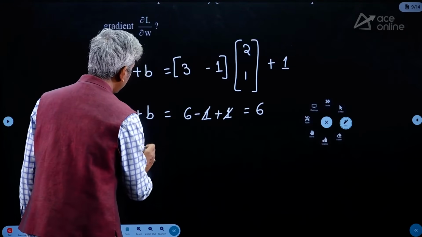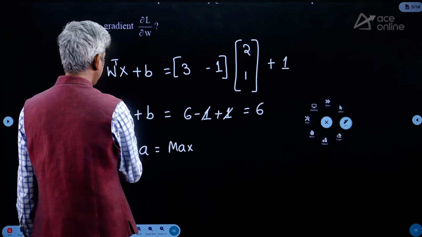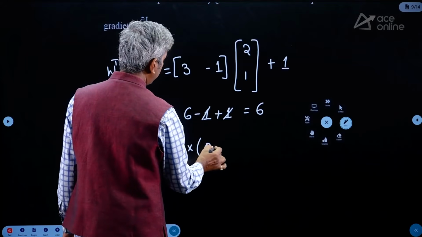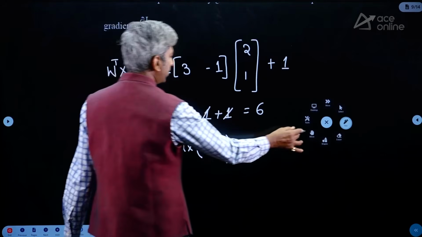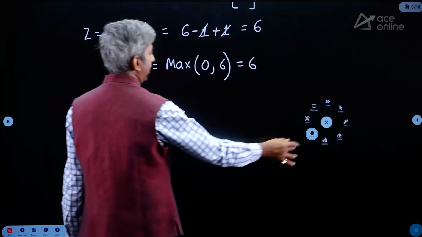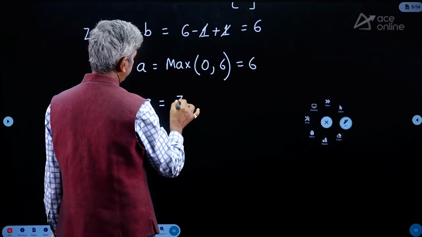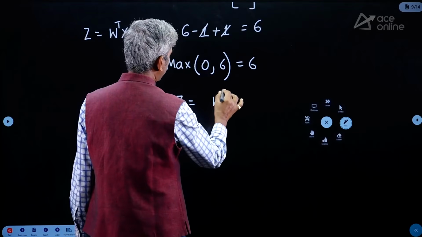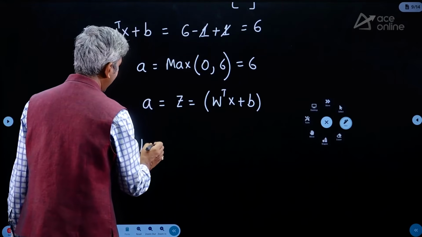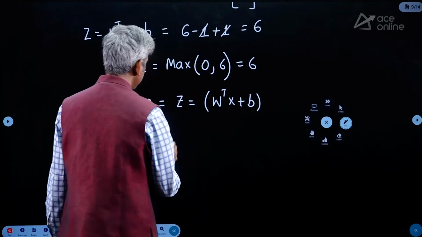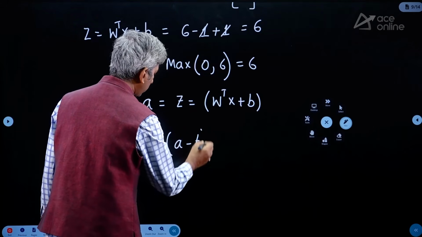Now A is equal to the maximum among 0 and 6, this is your Z. So A value is equal to 6, and A is nothing but your Z. So A is your W transpose X plus B. Your loss L is given as A minus T whole square.